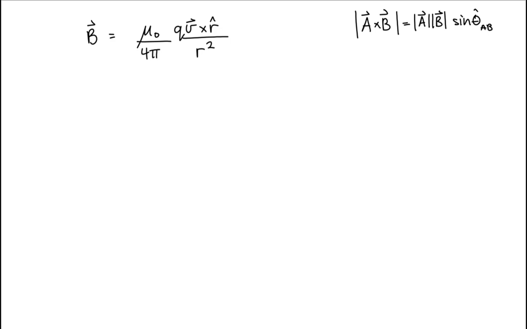So let's apply this to our positive charge. Here's our positive charge, and let's say our positive charge has a velocity that lies along this line. Let's say we want to evaluate the magnetic field due to that positive charge at this point right here.